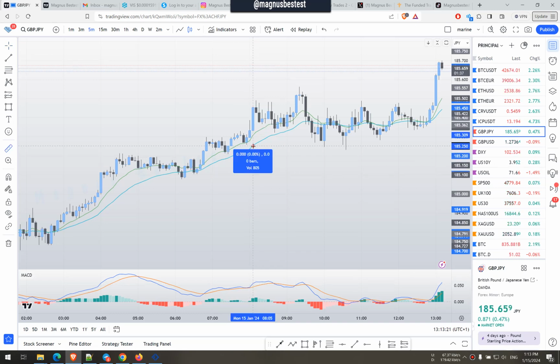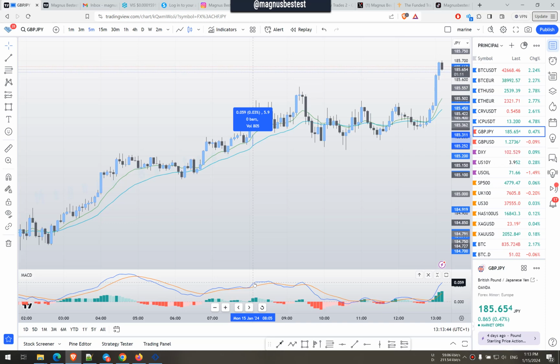Let me leave this here, and as you can see at this point, it was truly around 59. As I showed you, this is GBP/JPY, so it's Japanese yen: 0.059 yen, the distance. Okay, I hope it's clear now.